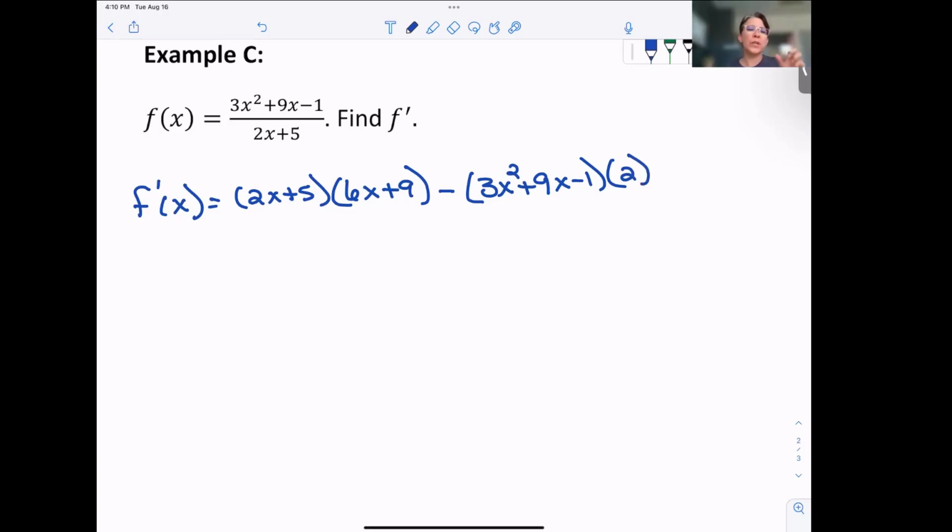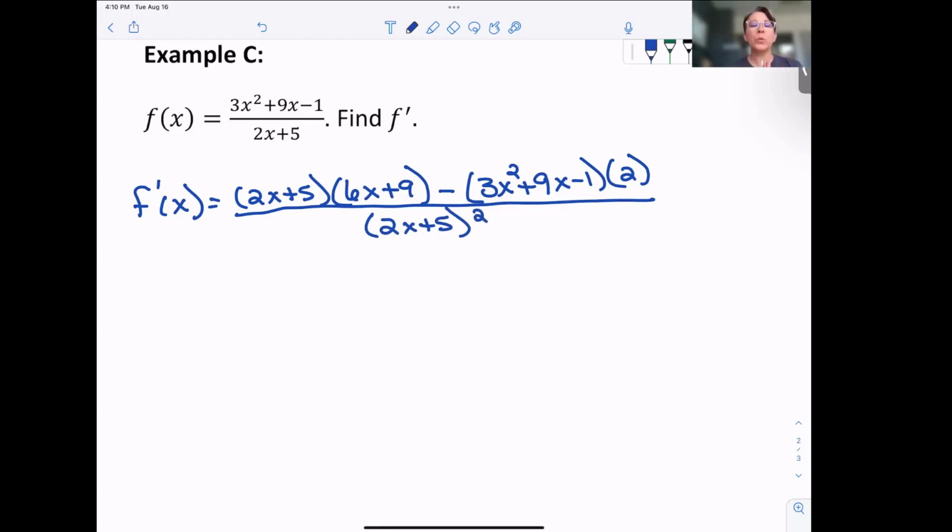If you're not sure, again, where I'm getting these derivatives, go back to the derivatives of power terms, polynomials, and things like that. And then in the bottom, we take 2x plus 5 and we square it.